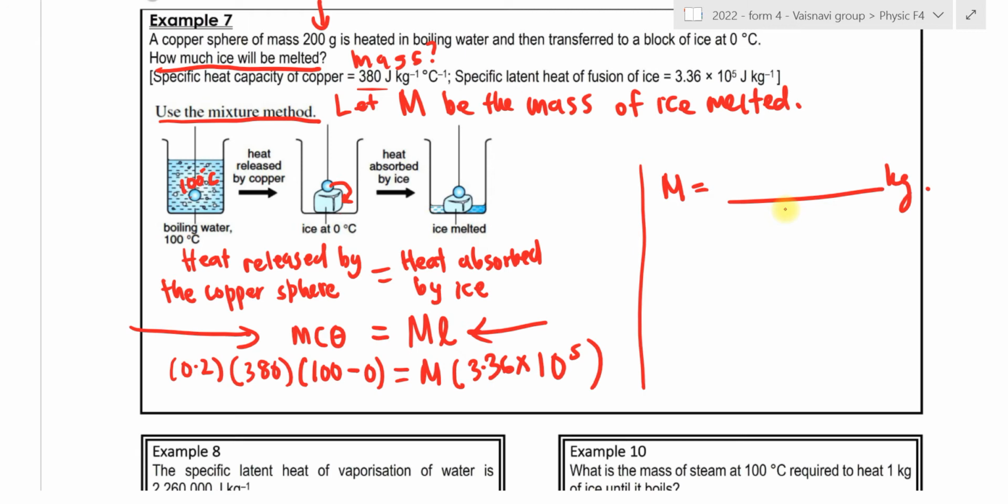2.262 times 10 power of 8. Oh. You see or not? 10 power 8, how much is that? 80 tan lah. Oh, dahsyat tu. Lagi sekali. I don't think that will be the right answer.